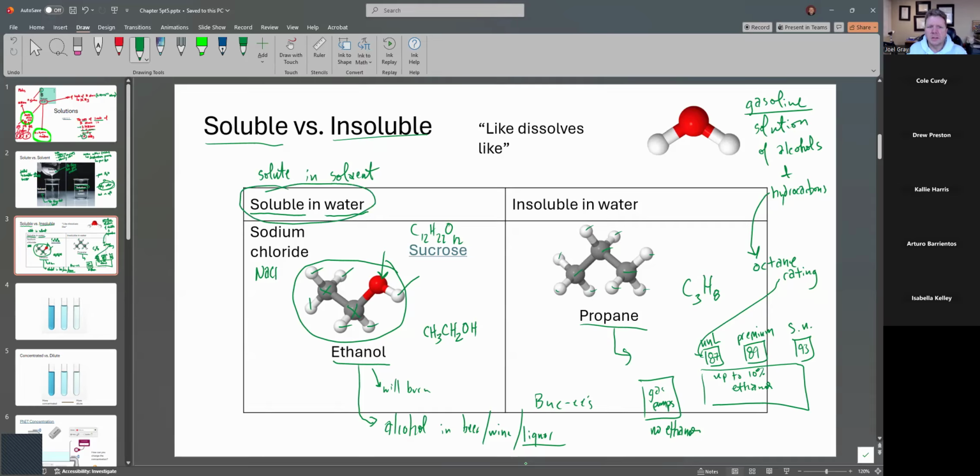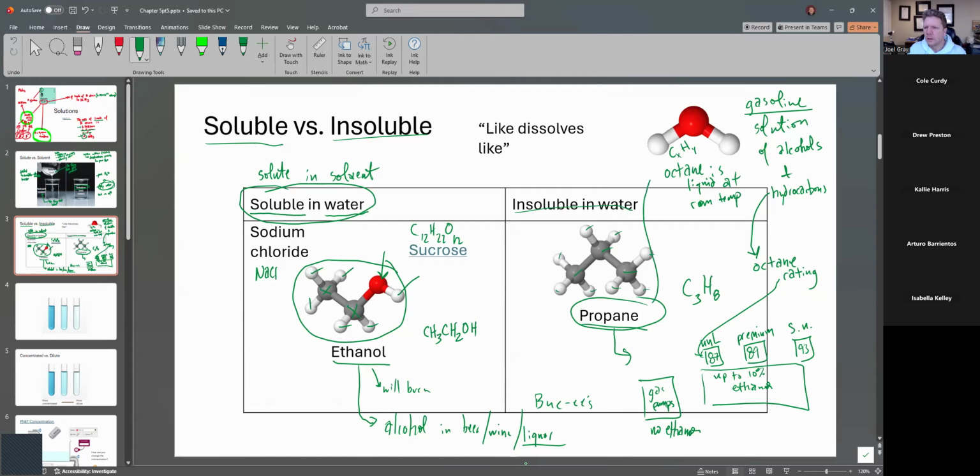And I want to bring that back because we identify things as being soluble in water or insoluble in water, as is the case with propane. But let me tell you this: octane is a liquid at room temperature. And octane is just a bunch of carbons. I'm going to put CxHy, a number of carbons, a number of hydrogens.